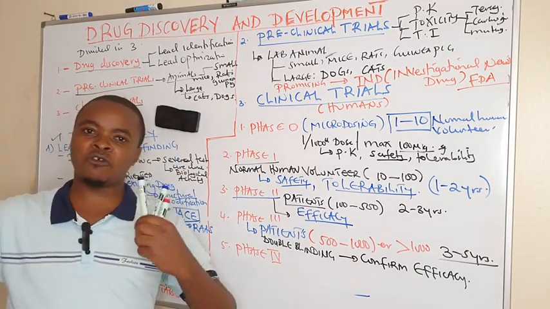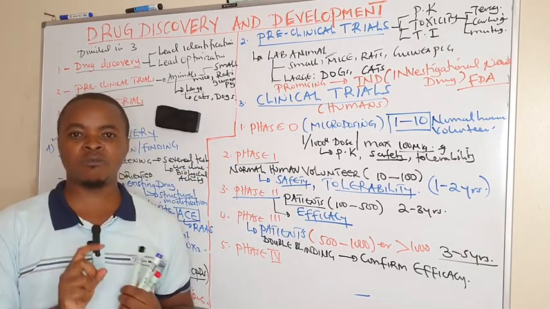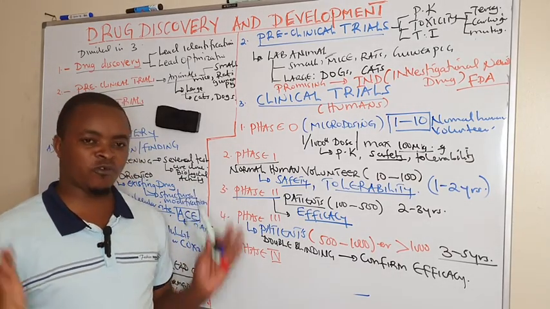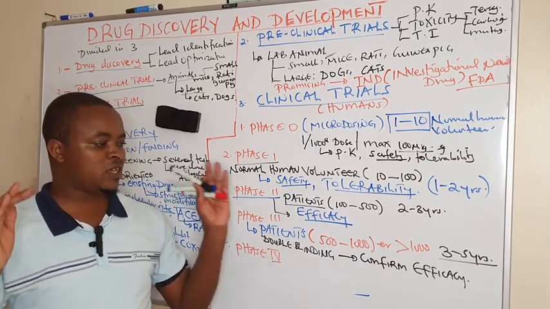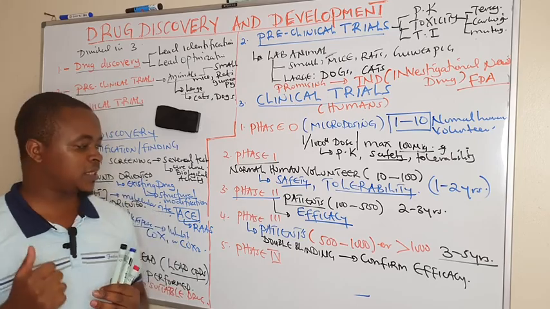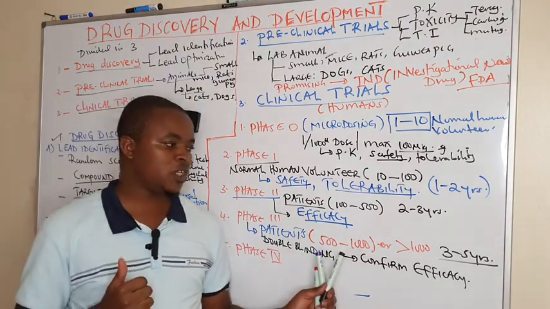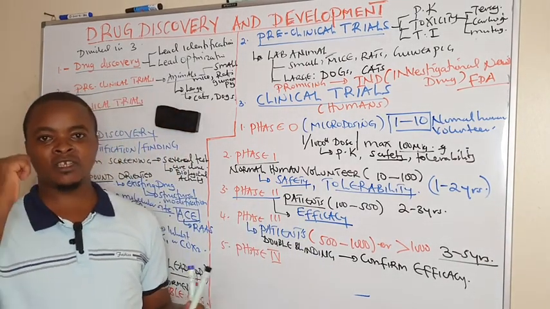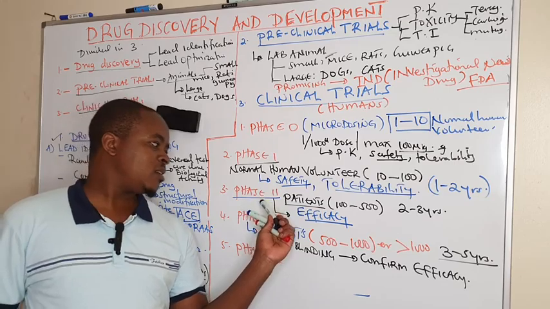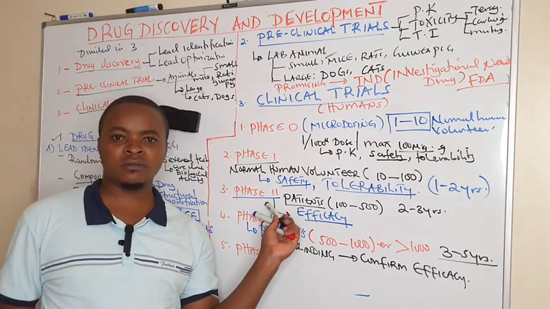You look for individuals of different genetic makeup and ethnicity, so that you can generalize and confirm how efficacious the drug is in patients. So this is the importance of phase 3, which is different from phase 2.